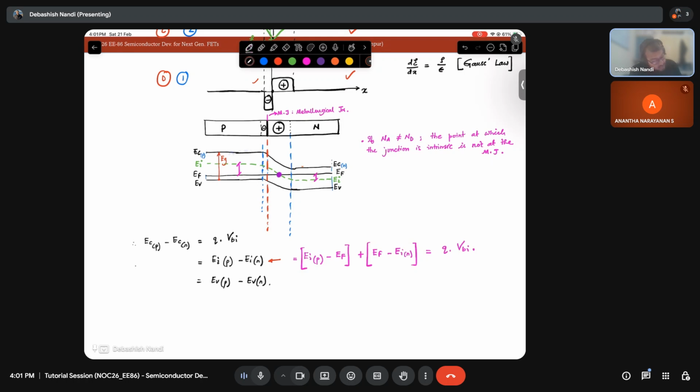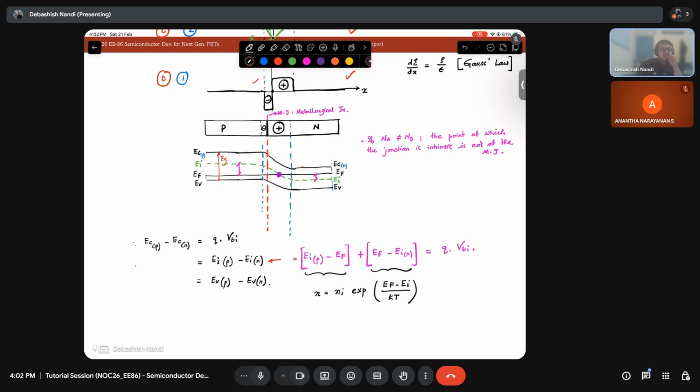Now can you tell me how I can calculate this? I have n equal to Nc, or if I write it directly, can you confirm if you are agreeing with this? EF minus EI by KT. Is that okay with you, this relation?